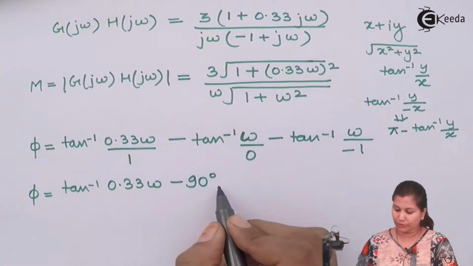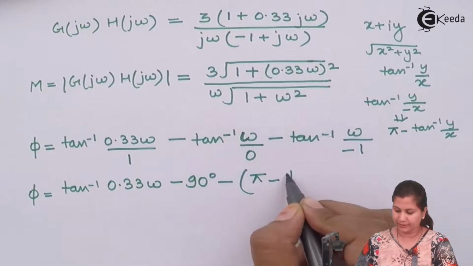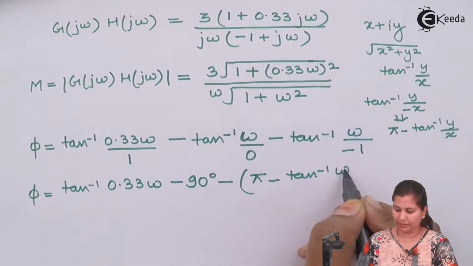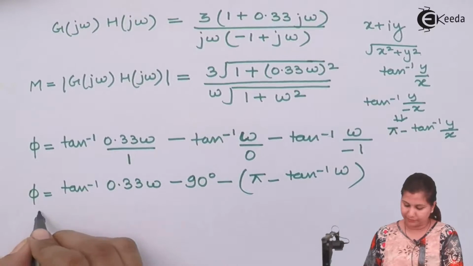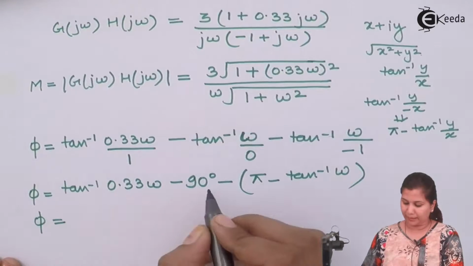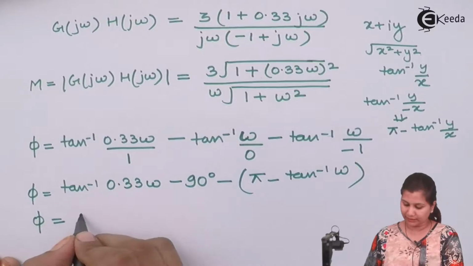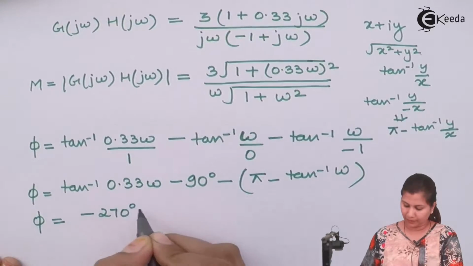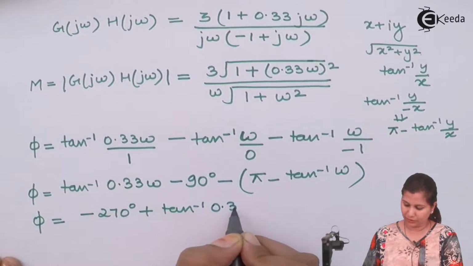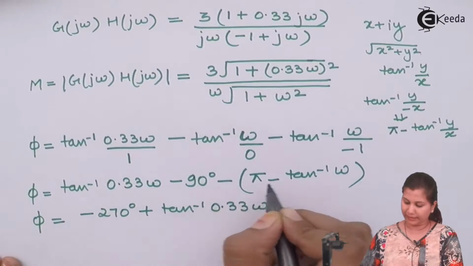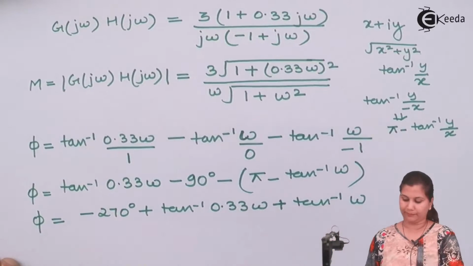So here we are going to write minus (pi minus tan inverse of omega). Okay, so just simplify it. This is minus 90 minus 180 degrees, so it will be minus 270 plus tan inverse of 0.33 omega, and this is minus minus plus, so plus tan inverse of omega.